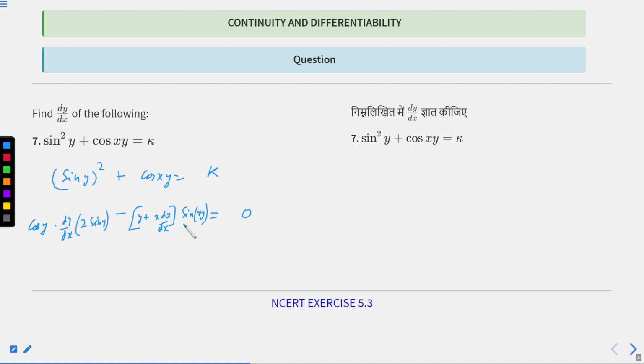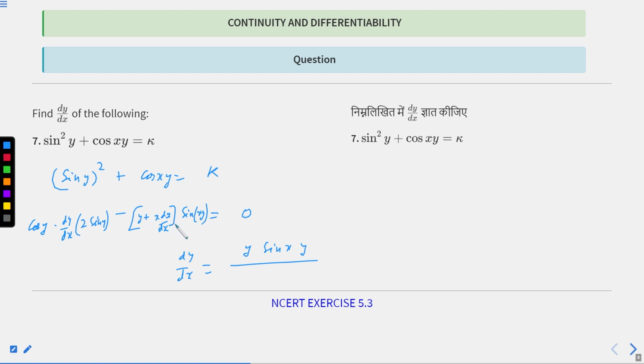Now the outside thing's derivative will be 2 sine y. That's it. So your answer, by taking dy over dx common, what will you have? You will have y sine xy, as you can take y sine xy.